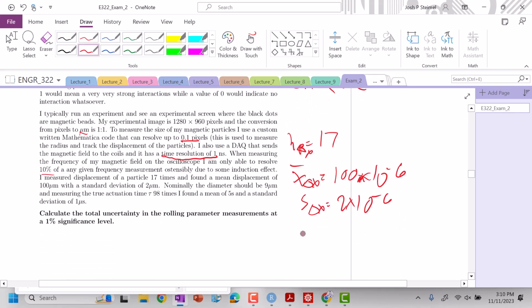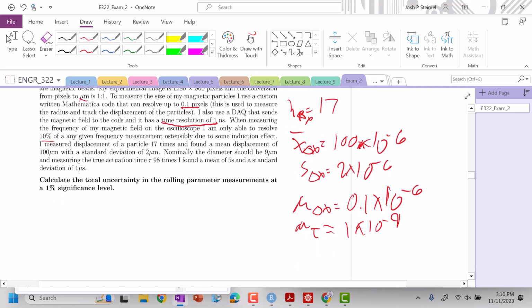We also have an uncertainty of delta x, which is equal to 0.1 times 10 to the minus 6. We have an uncertainty in the time, tau, which is equal to 1 times 10 to the minus 9, and an uncertainty in frequency, which is equal to 0.1, because it's 10% of any given frequency measurement.